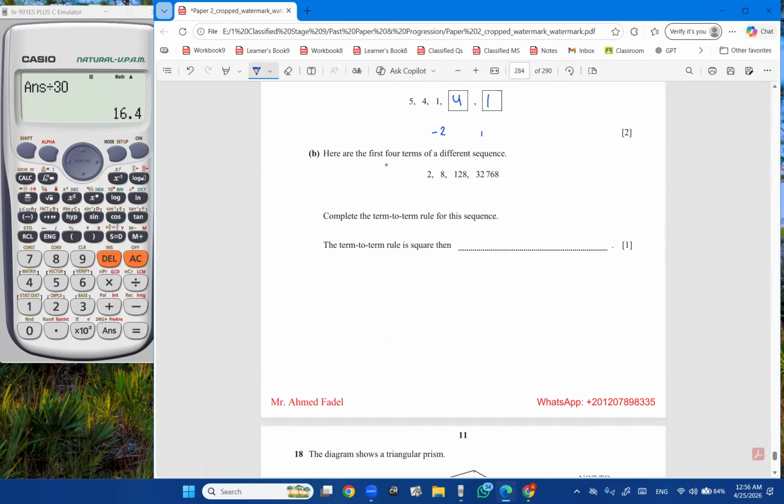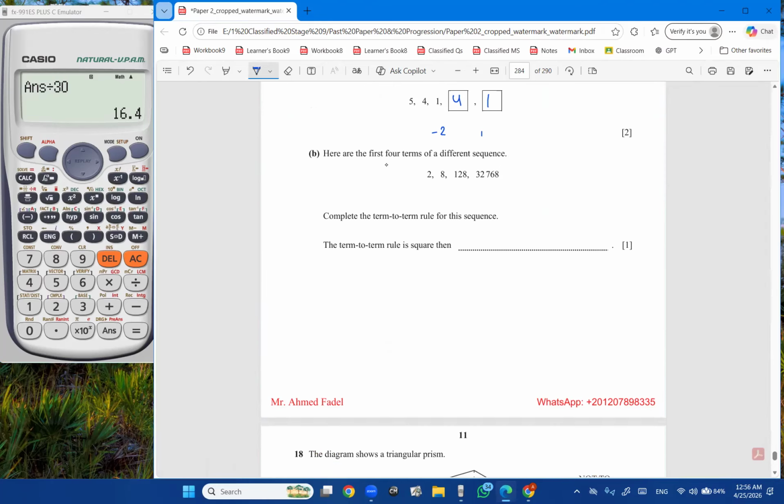Here are the first 4 terms of a different sequence. Complete the term-to-term rule for this sequence. The term-to-term rule is square then. So let's try this on the 2. If you square it, it gives you 4. Then we multiply it by 2. It gives us 8. But let's try it with the second term. If you square it, it gives you 64.